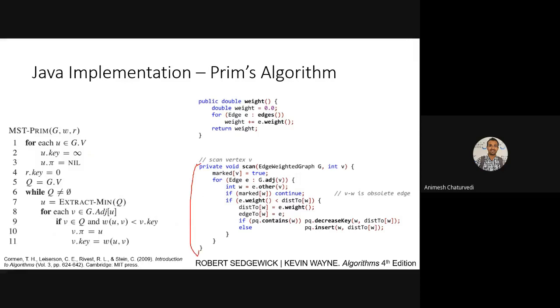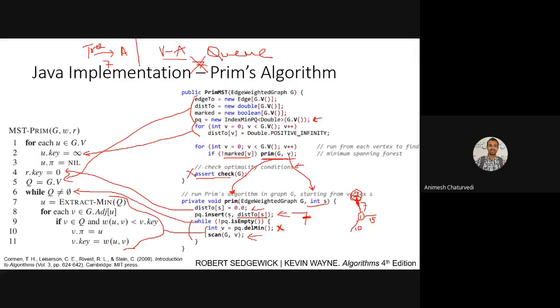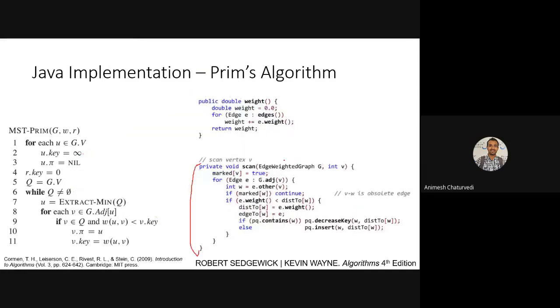This scan thing, GV, what it does is it takes the same graph and the node V. So it will take node V and mark 7 as true. 7 is marked as true this time.